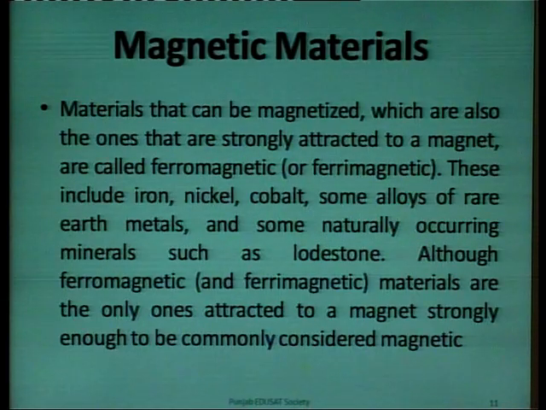These include iron, nickel, cobalt, and some alloys of rare earth metals and some naturally occurring minerals such as lodestone. Although the ferromagnetic materials are the only ones attracted to a magnet strongly enough to be commonly considered magnetic material.